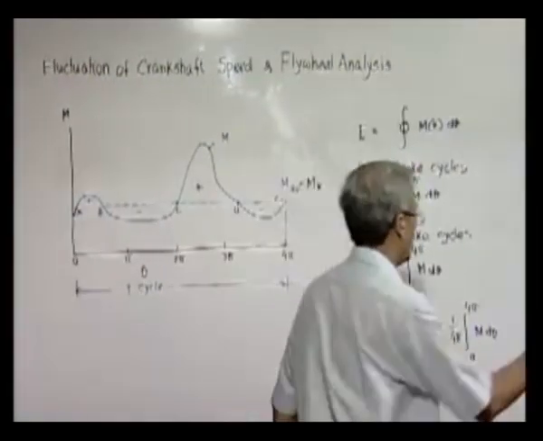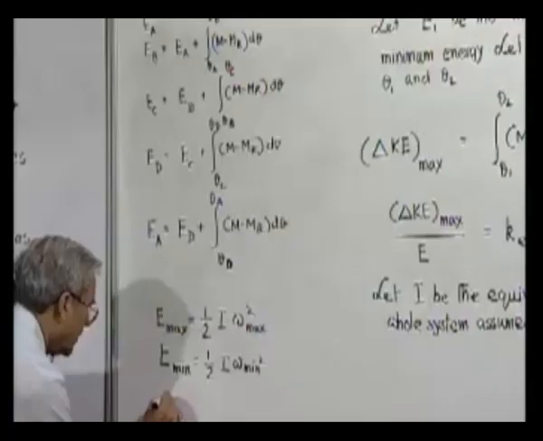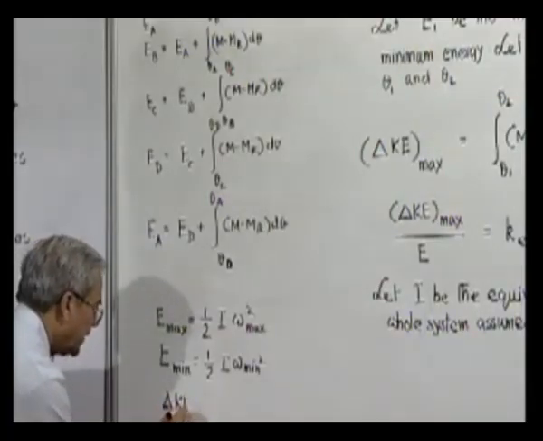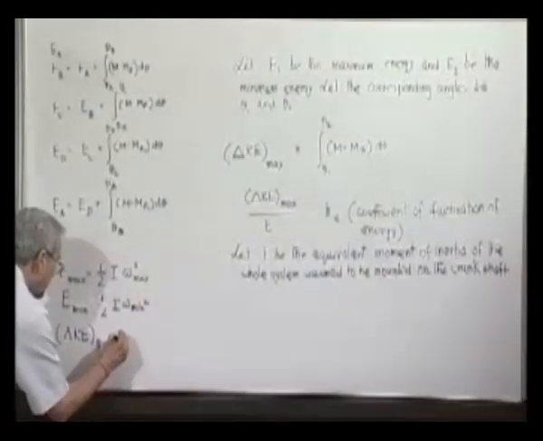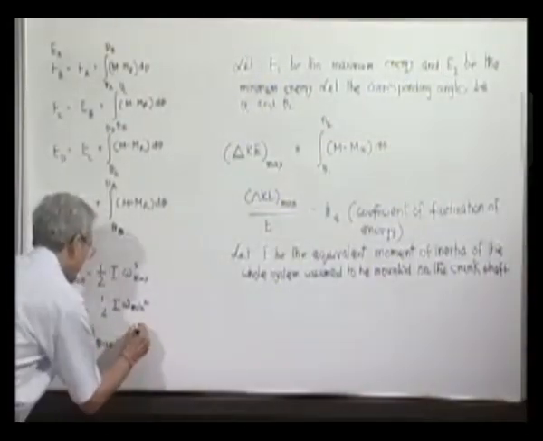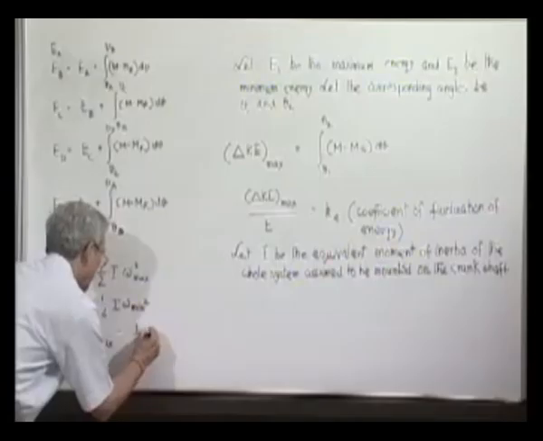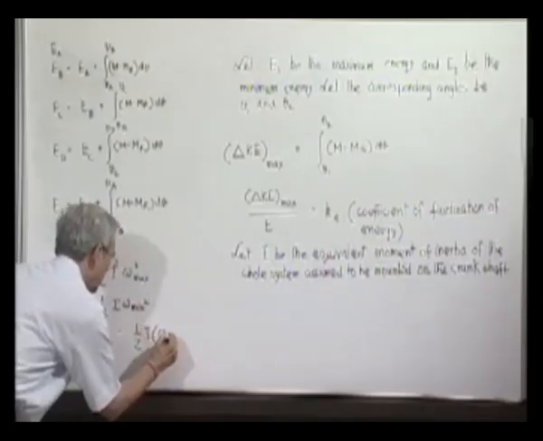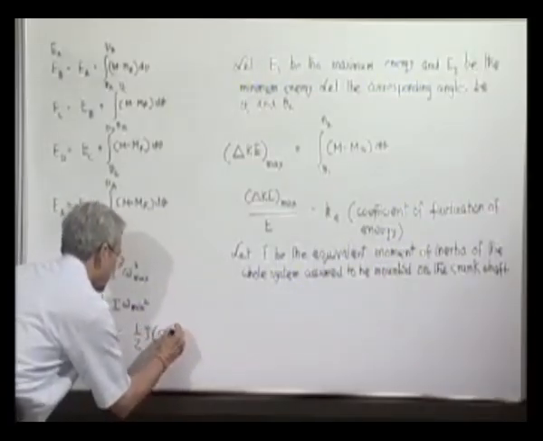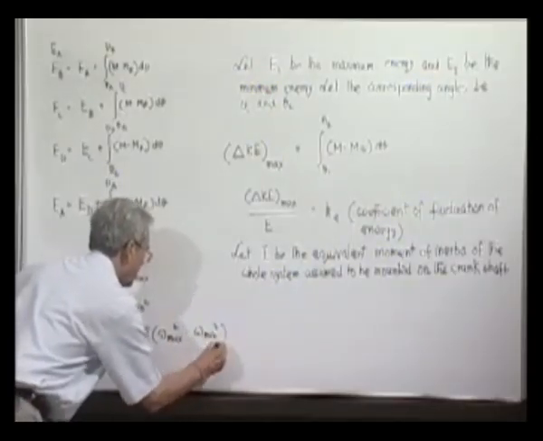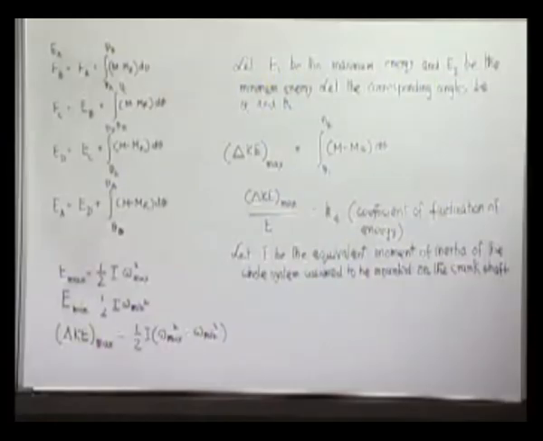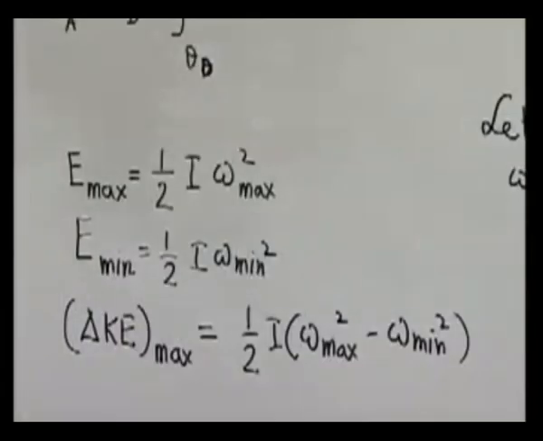So, therefore, delta KE max is nothing but half I omega max square minus omega min square, the difference between the maximum and minimum kinetic energy.